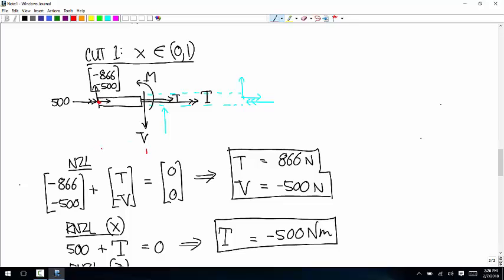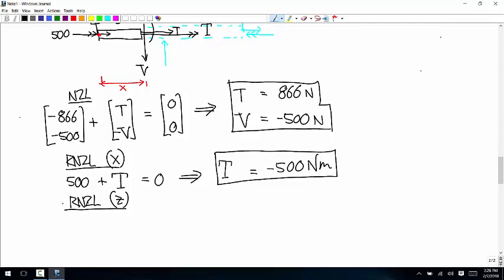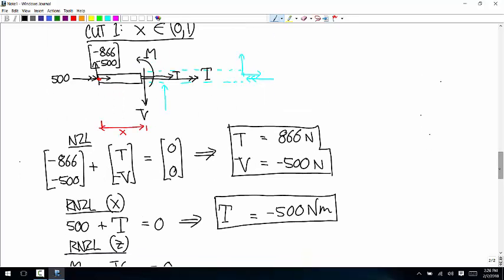The length of that moment arm is our arbitrary distance x. So we have M minus Vx is equal to 0. It's minus because you have the force of V times this moment arm, and it would make it rotate clockwise.